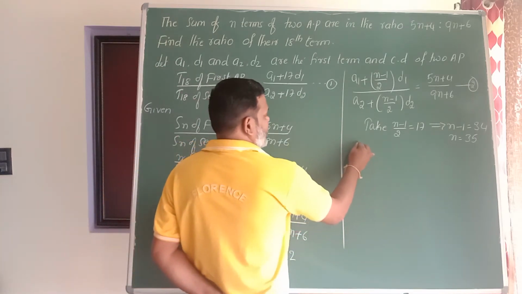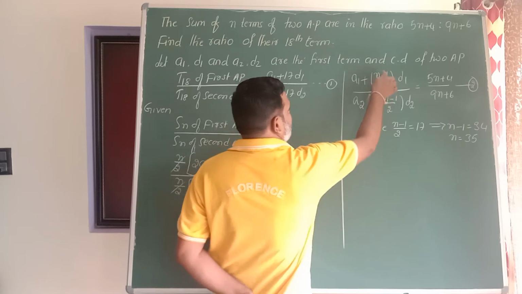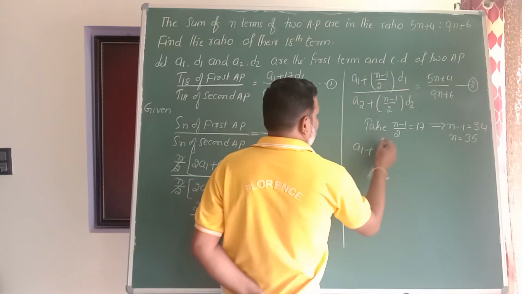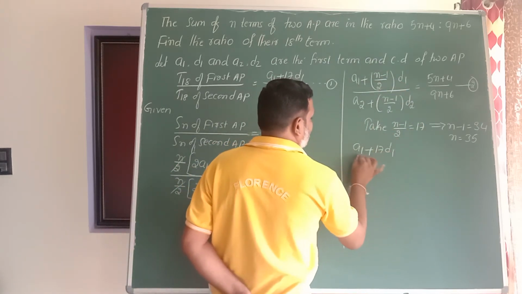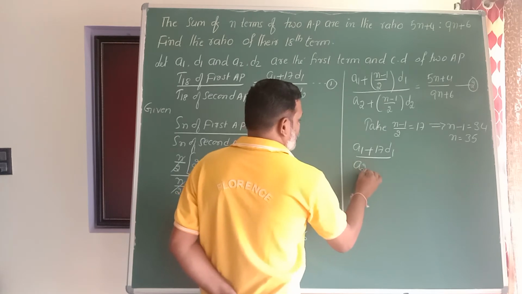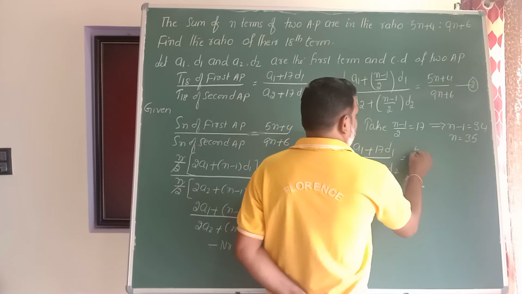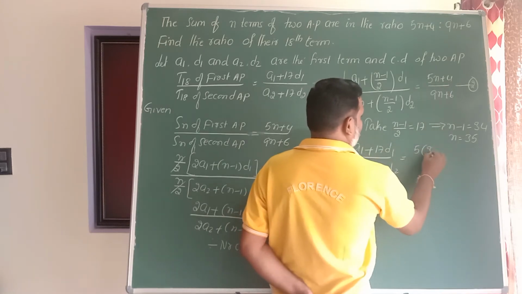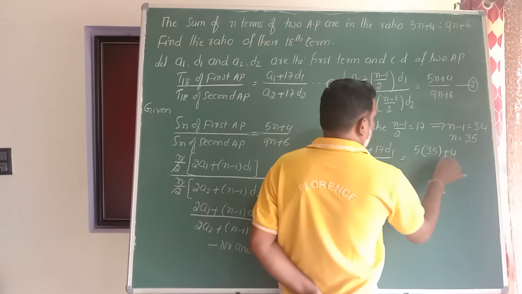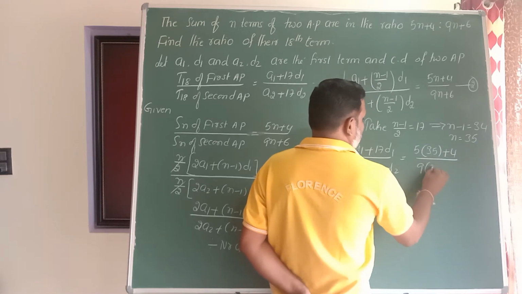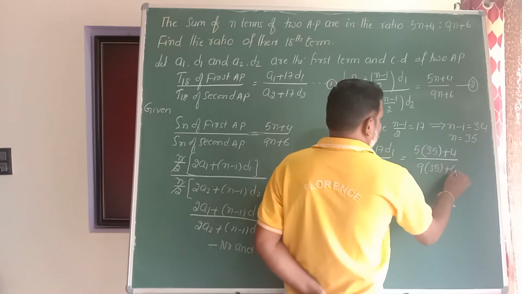What happens here? (a1 plus 17 d1) divided by (a2 plus 17 d2) is equal to (5 into n plus 4) divided by (9 into n plus 6), with n as 35.